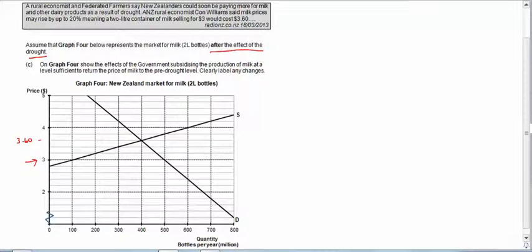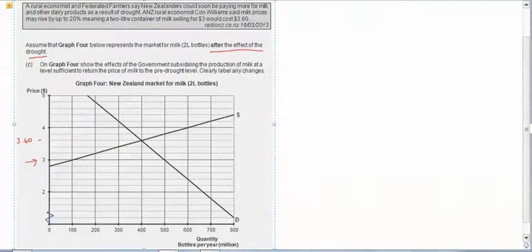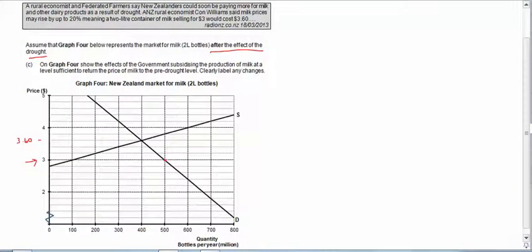So what we know for sure is that the new supply curve has got to cut the demand curve just here, because that's where the market will stay in a position of $3. So if we grab our line, I look for the vertical, whether it's a tax or a subsidy, I always look for the vertical distance.